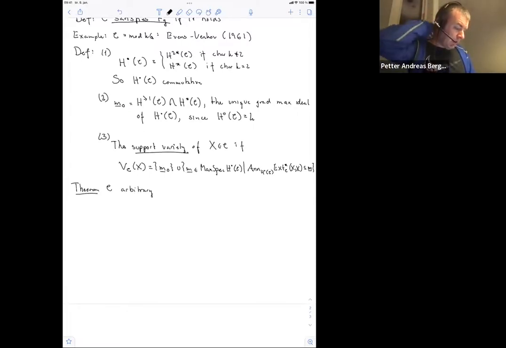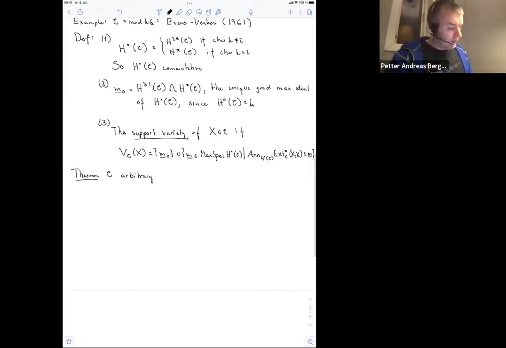When we don't impose any finiteness conditions, so when we don't assume that FG holds, well, then it's always true that the support variety of a direct sum is the union of the support varieties of the summands. So this always holds.